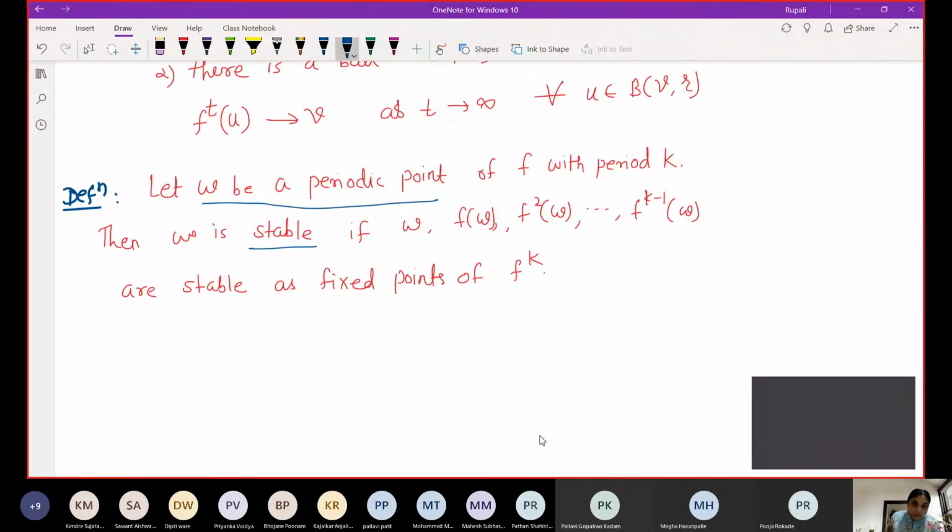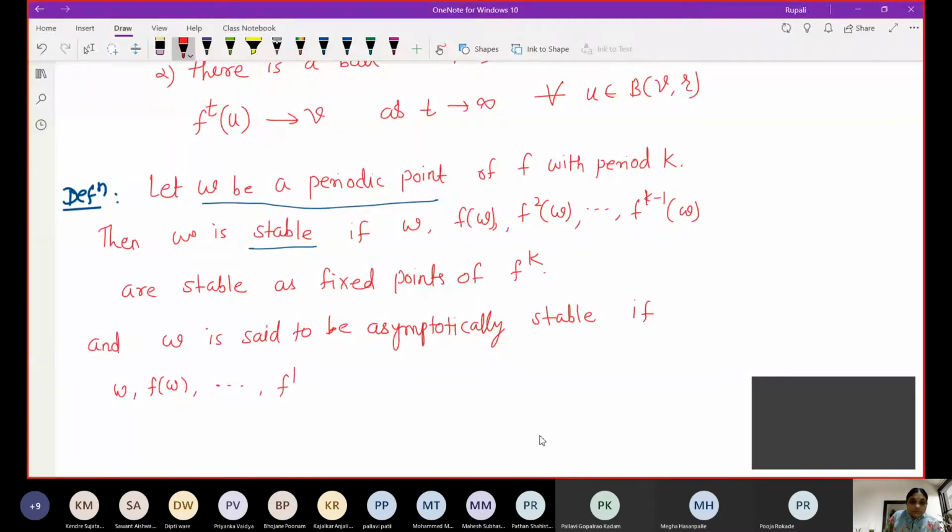And W is said to be asymptotically stable if, with the same definition, W, f of W, f square W, up to f raised to k minus 1 of W are asymptotically stable as fixed points of f raised to k.